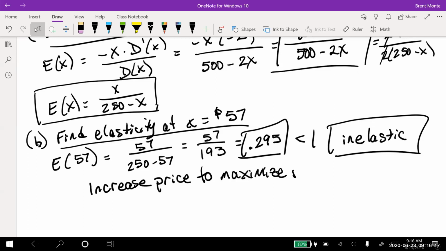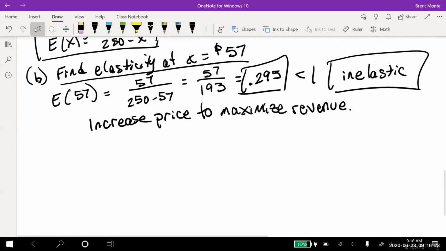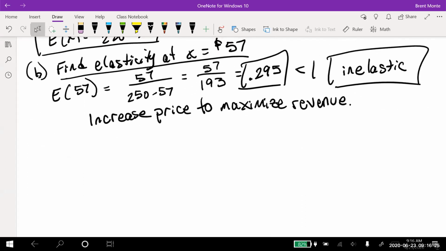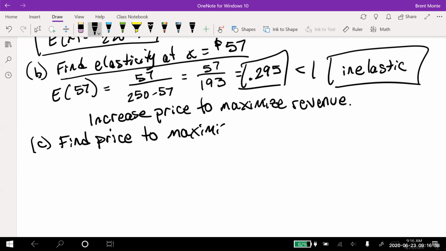Well, that begs the question, what do we want to increase the price to? That's what part C says. Part C says find the price to maximize the revenue. My claim is it's going to have to be more than the $57 because we said demand was inelastic at that price.